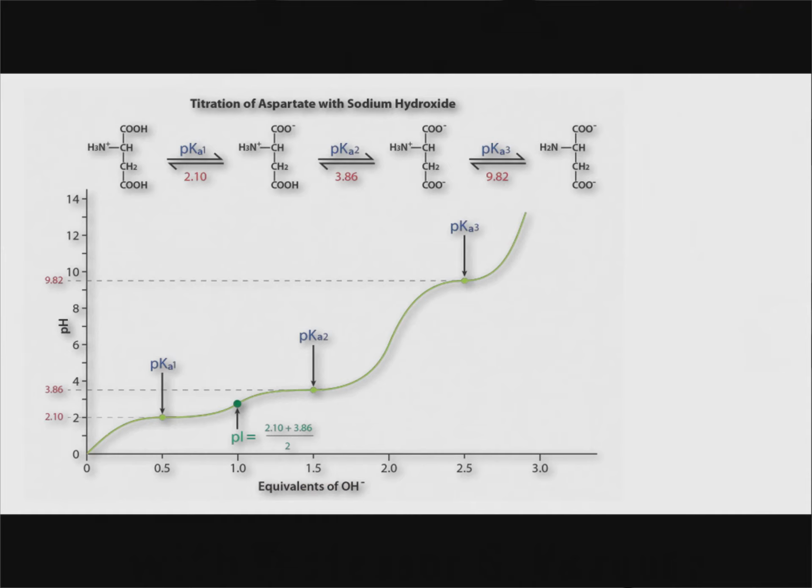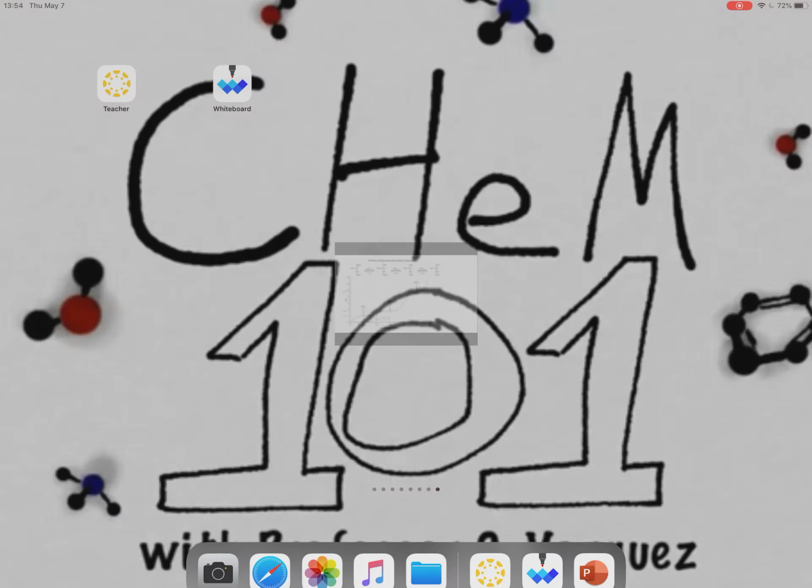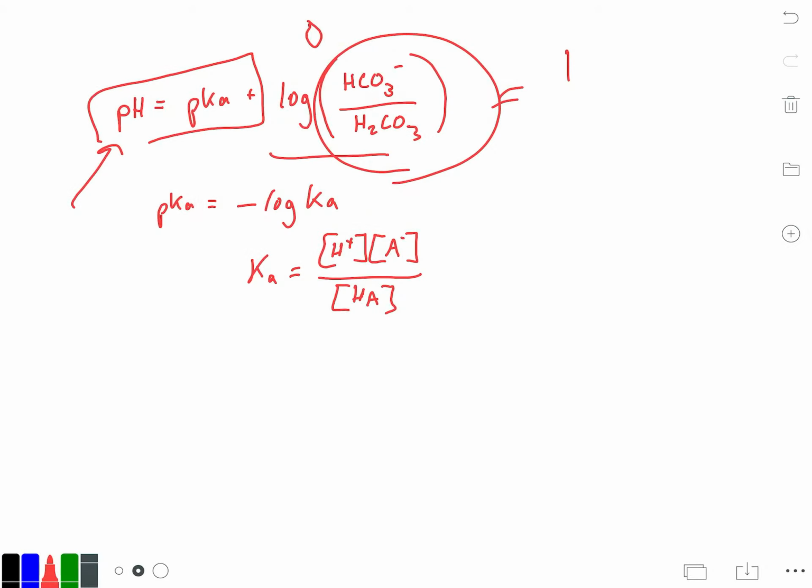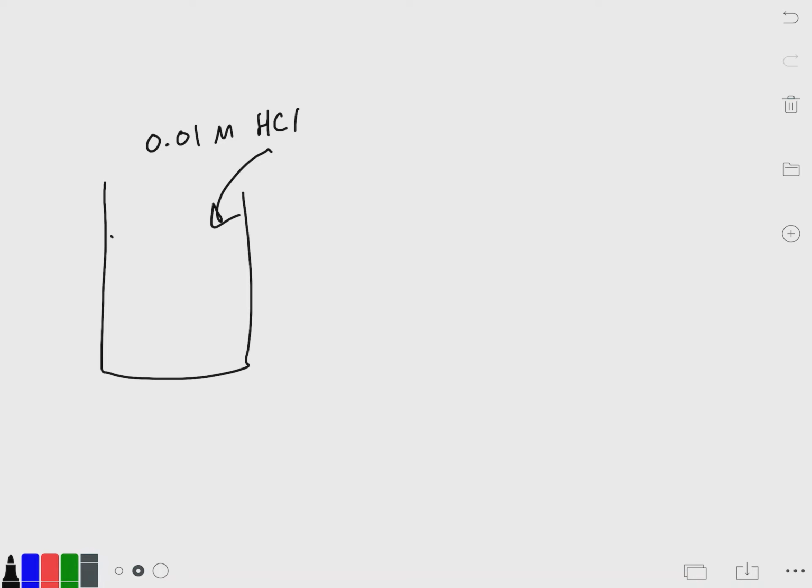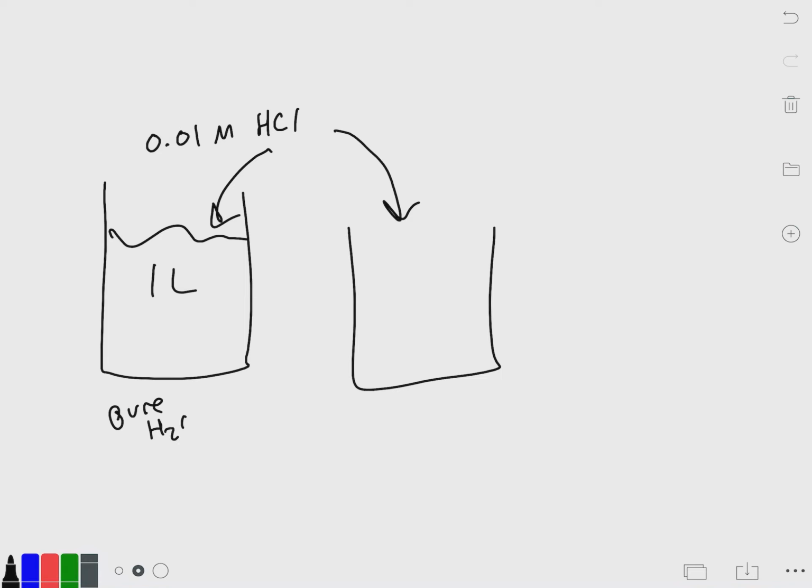Okay, so let's talk about buffered versus non-buffered. To understand how well a buffer protects against changes in pH, let's consider adding 0.01 moles of HCl to 1 liter of pure water with no volume change at a pH of 7, compared to adding it to 1 liter of a buffered solution, let's say a 1 molar acetate buffer solution.